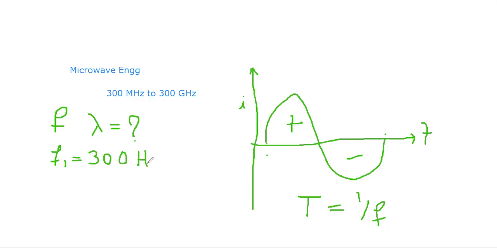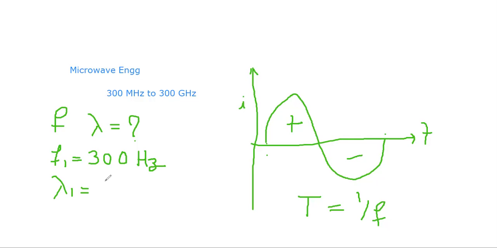This is the frequency I have taken. Now for 300 hertz, what will be the lambda? So I will need to calculate lambda 1. What is this lambda? Lambda is the wavelength. Sir, do we calculate lambda 1 considering the speed of light or speed of microwave? Yes, speed of light, we are considering in free space, equals the speed of light.